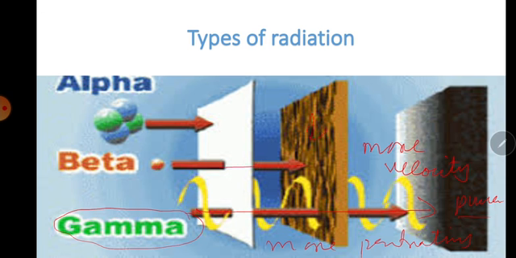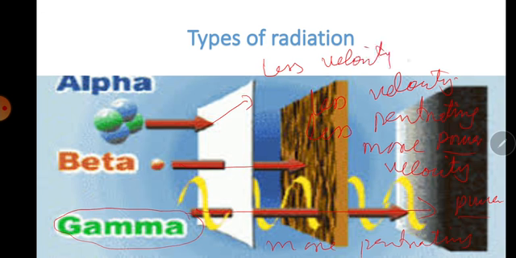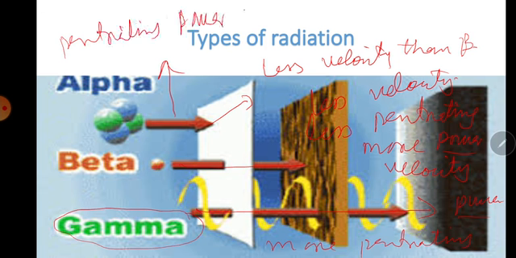Beta rays have less penetrating power and less velocity than gamma. Alpha particles have less penetrating power and less velocity than beta and gamma.